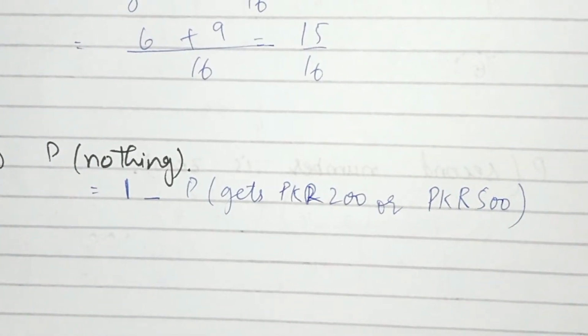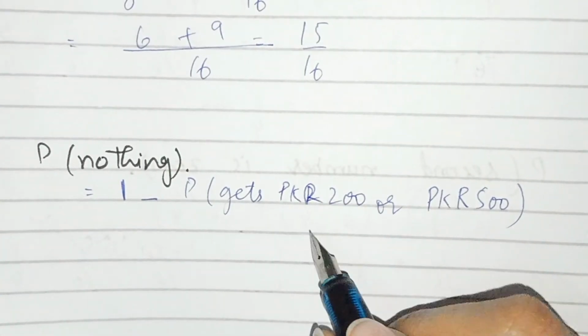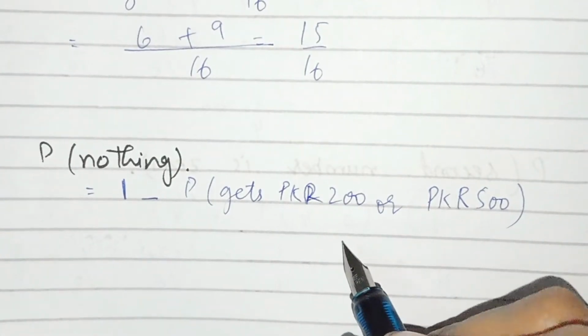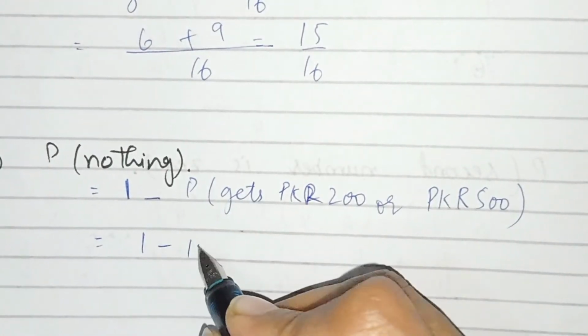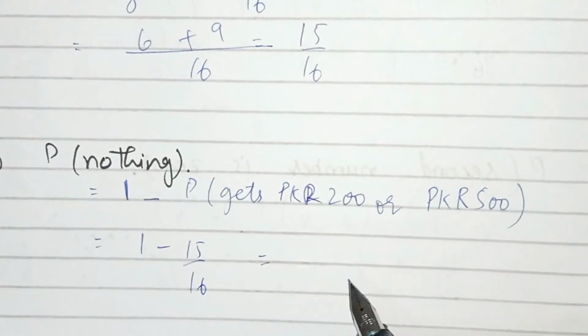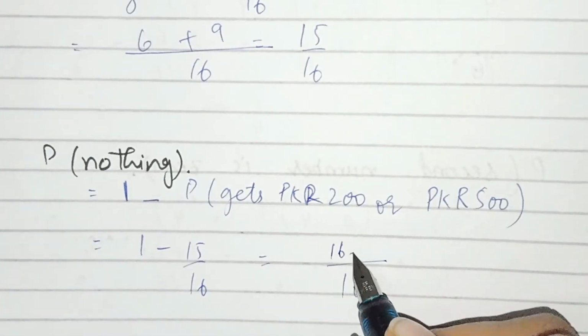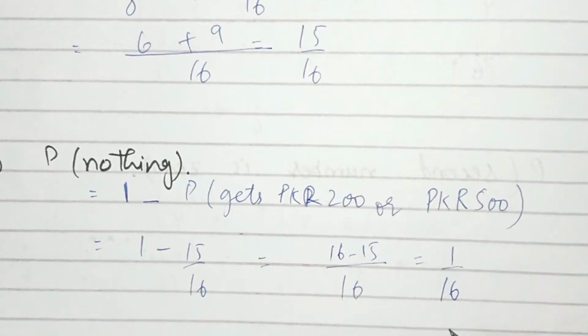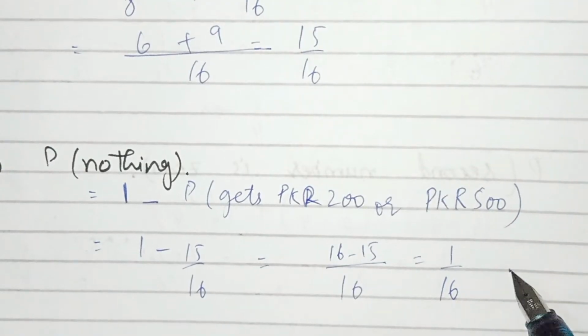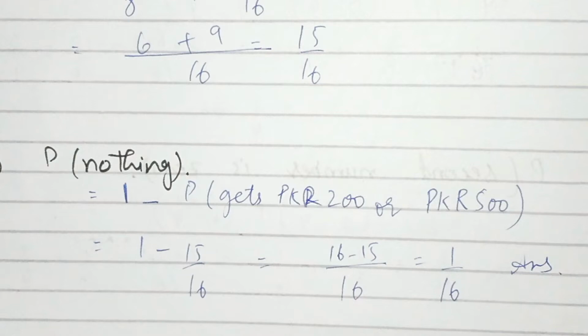Because we have to get 200, 500 or nothing, the probability of these two we have already found out, and we have to subtract it from 1. 1 minus 15 by 16, and we get 16 minus 15, we get 1 by 16, and this is the probability of getting nothing. And now students, question number 3 is solved.